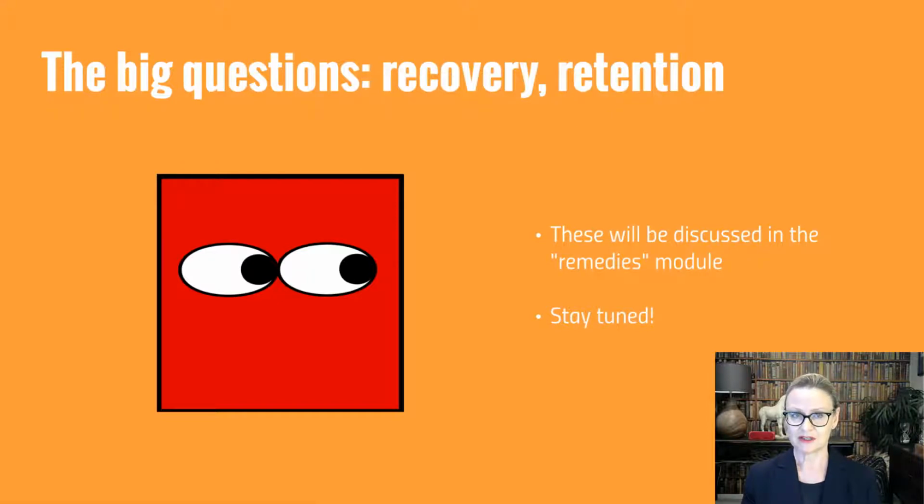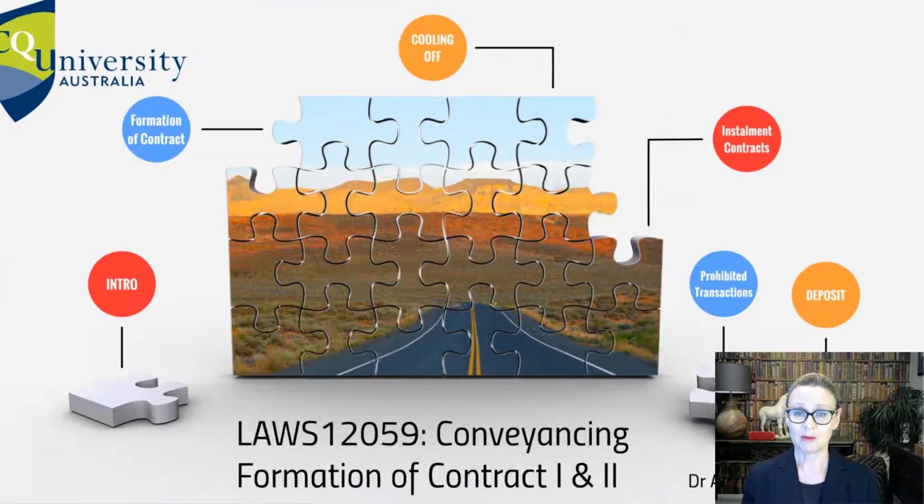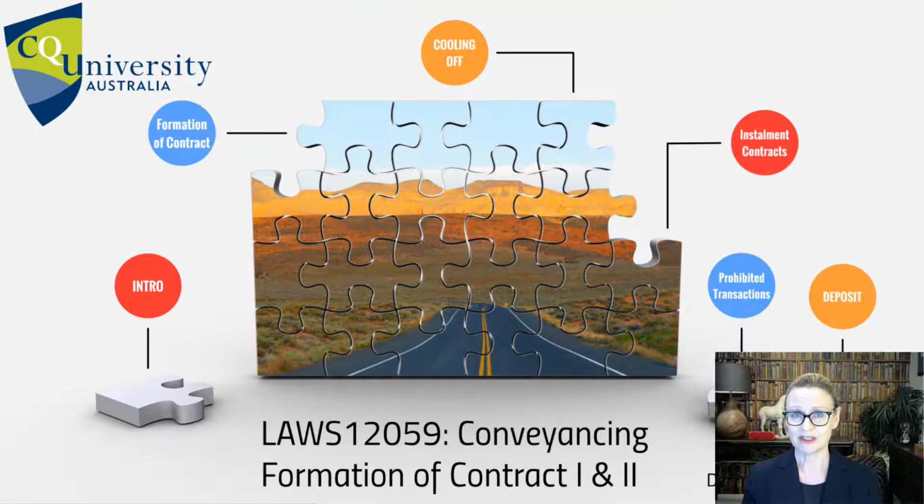They will be discussed, as I said, in a future video series, so stay tuned. And that's pretty much all we need to talk about for formation of contract in this video series.